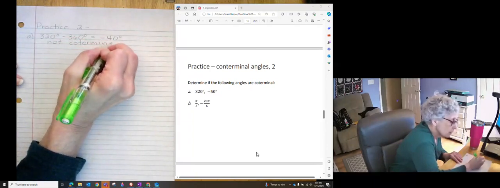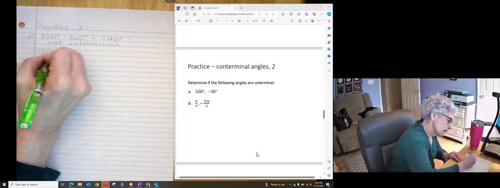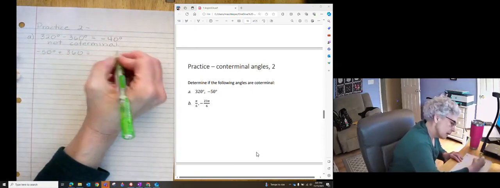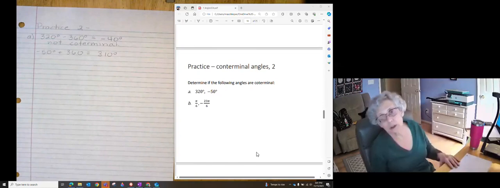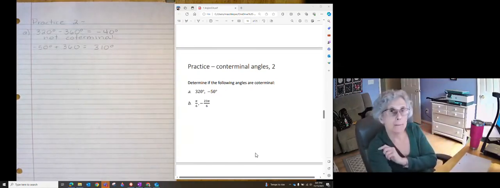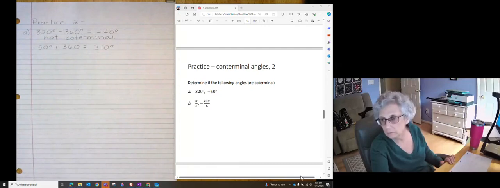You could have gone the other way. You could have said, oh, from negative 50 degrees, if I add 360 to it, I end up at 310 degrees. So again, not coterminal. You can't get there from here. So try part B and see if those are coterminal.